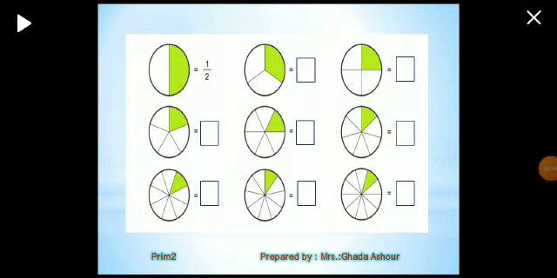Okay. Now let's learn how we can name the fraction or call the fraction. How do I know this fraction? Okay, as a number. Look at the first circle. That circle is divided into two equal parts. It's divided into two parts exactly equal.